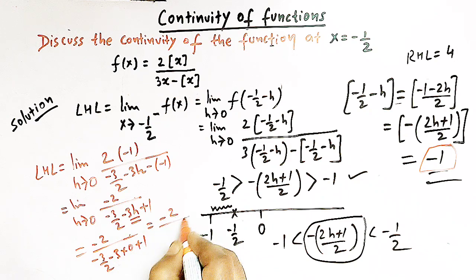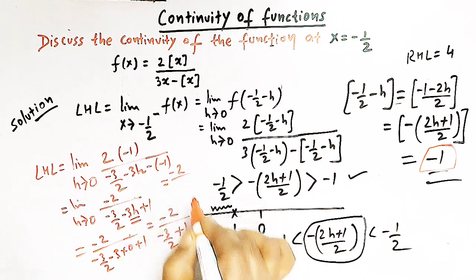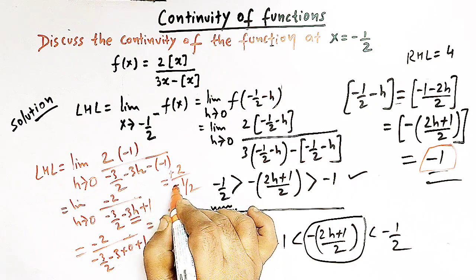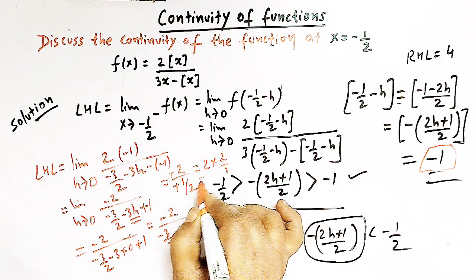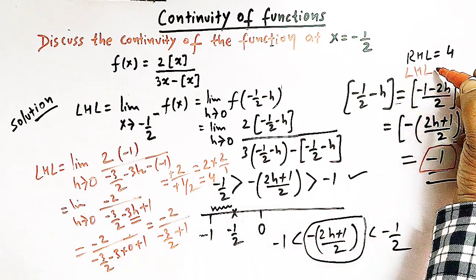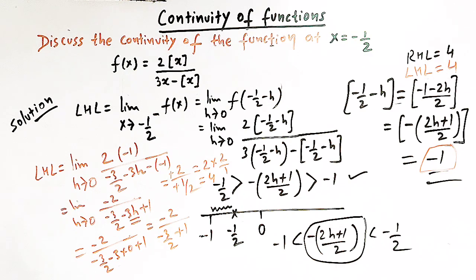So minus 2 over minus 3 by 2 plus 1, and we can write minus 2 over minus half, and minus and minus get cancelled. We have 2 times 2 over 1, that is 4. So the left hand limit is also equal to 4.